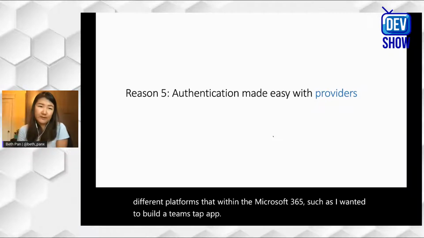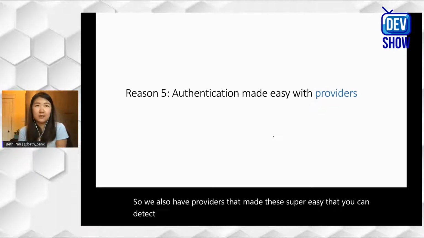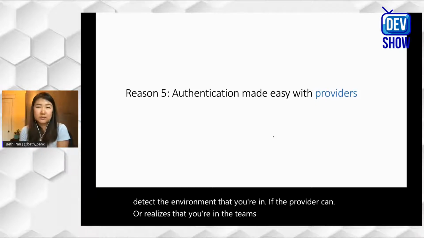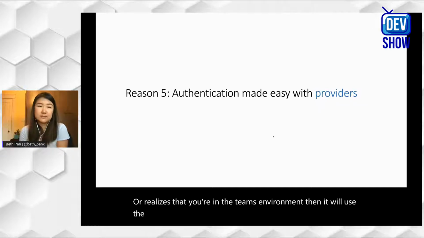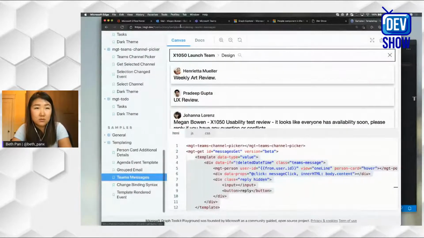So we also have providers that make this super easy and can detect the environment that you're in. If the provider realizes that you're in the Teams environment, then it will use the Teams authenticator versus the MSAL provider.